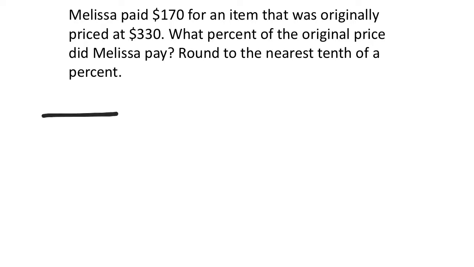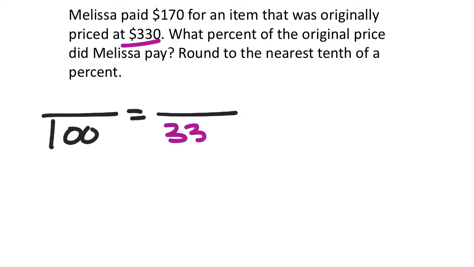So, percent proportion, same thing. 100% of this price would be what the original price is, at $330. And we're paying a discounted price at $170. That's only part of the $330. Of course, we don't know the percent. So this will tell us the percent directly, because it corresponds with the 170, and it's asking what percent of the original price did Melissa pay.